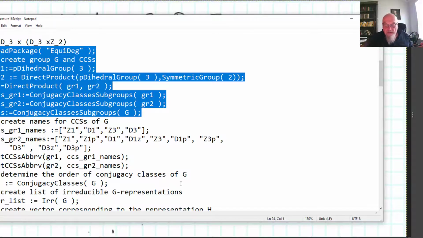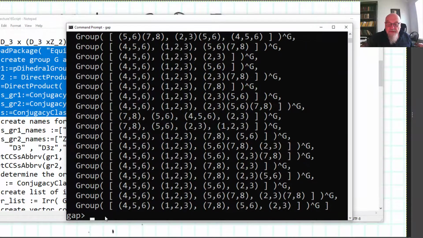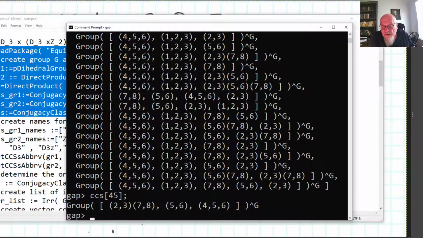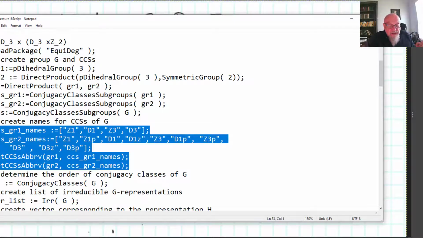And then we have that one. So let's do it. Done, and then enter the final line, and we have it. So for example, let's see what is the conjugacy class CCS, and this will be 45. And if I put it like this, it gives you the generators. It is not obvious from the first look what kind of group it is. You would like to have the amalgamated notation in order to decode this subgroup from the point of view of what kind of action it is.